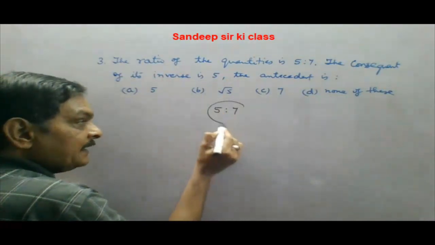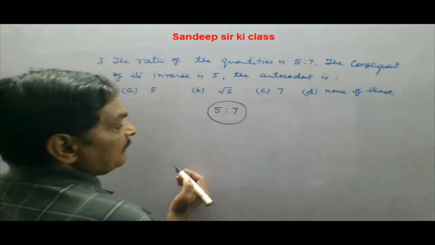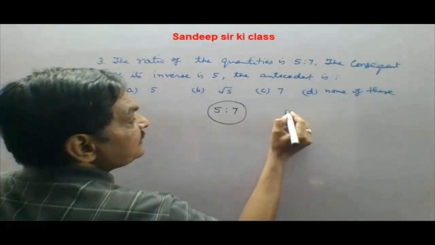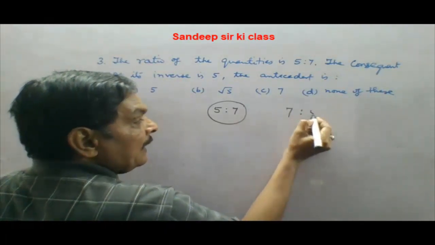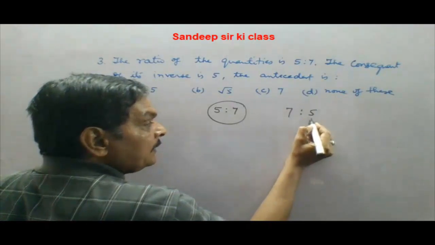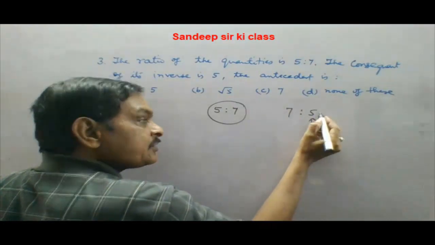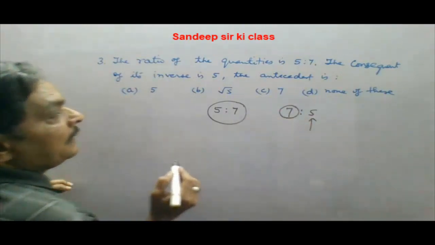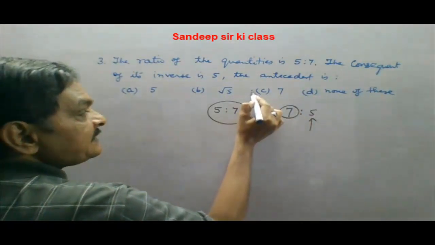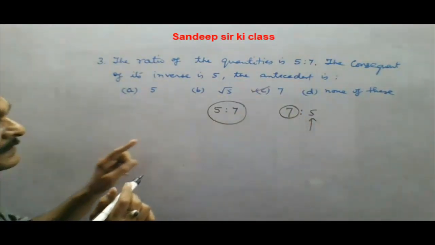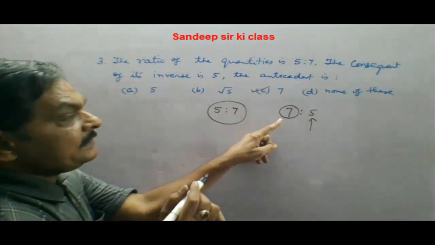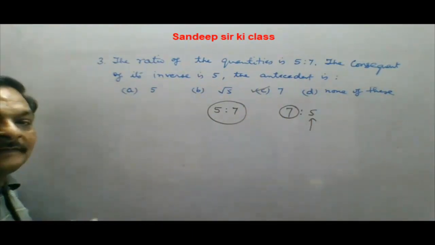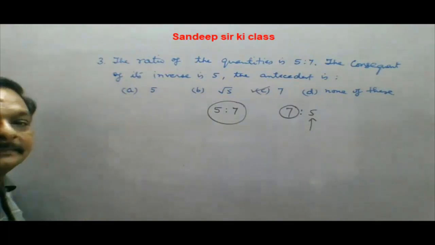We know that if the ratio is 5 is to 7, then the inverse is 7 is to 5, and its consequent, which is the later term, is 5. Therefore, the antecedent will be 7. Hence, option C is correct. The antecedent is 7.